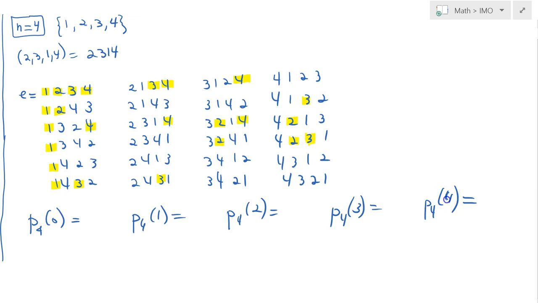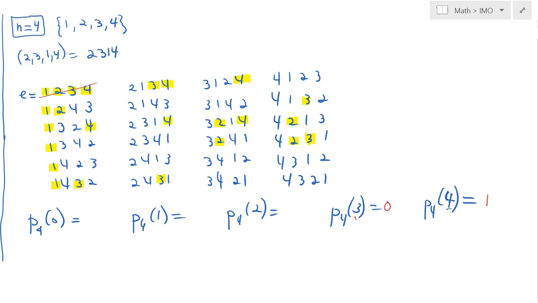How many permutations will fix everybody? Obviously this one. This permutation fixes everybody, so there's only one. And how many permutations will fix 3 of them? That won't be possible, because if 3 of them are fixed, then the remaining one has to be fixed as well. So no permutation qualifies for that.